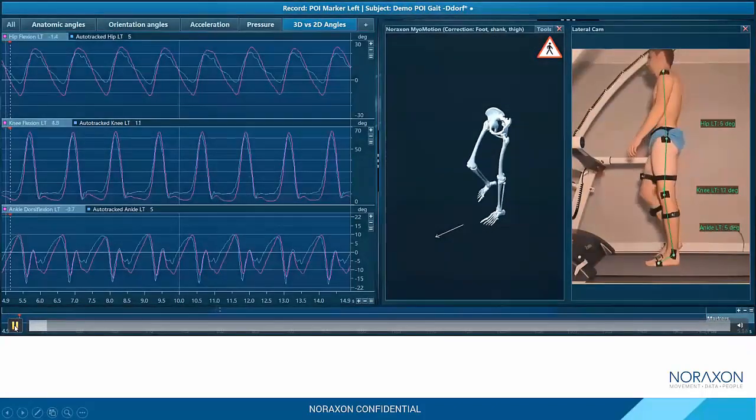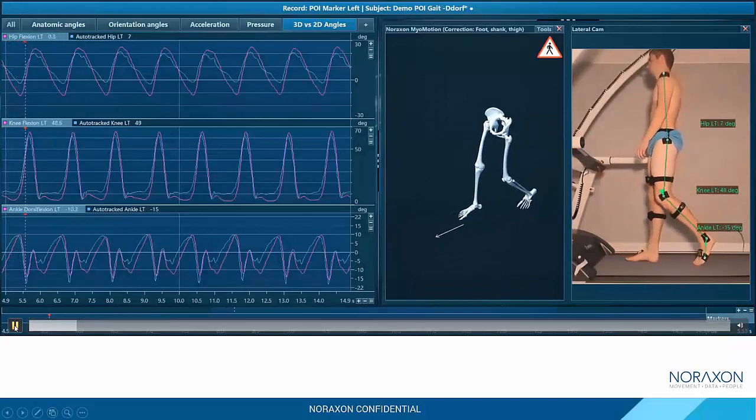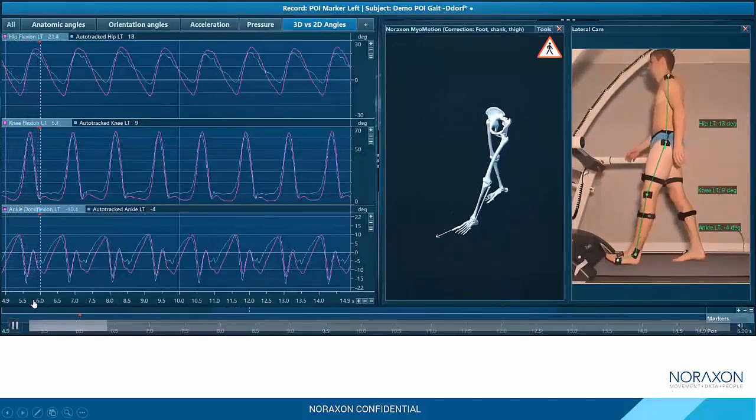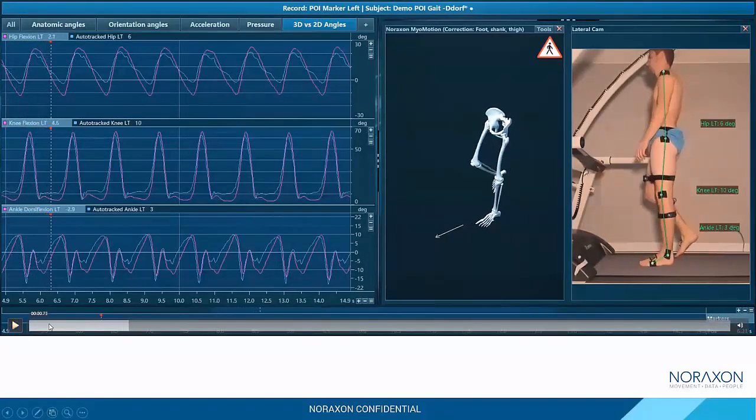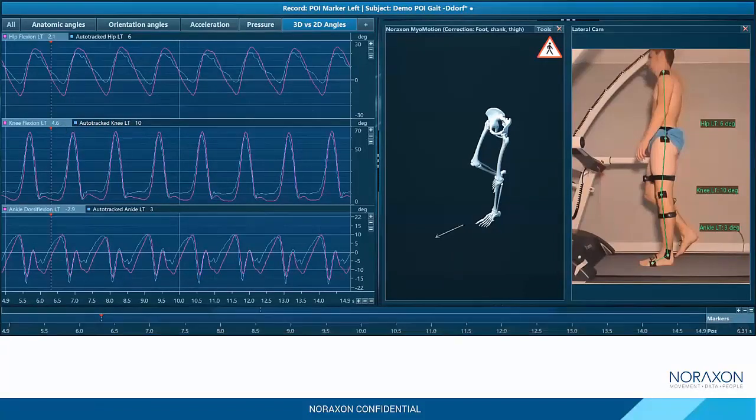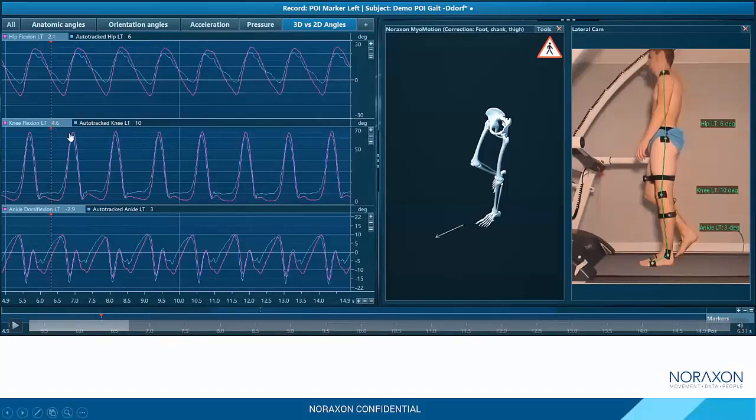One thing to note in particular, and this is one that I'll pause at, but right here. So this gentleman is now in mid stance, and we have roughly a 10-degree difference in knee flexion. And that is completely due to that parallax error that we had mentioned.